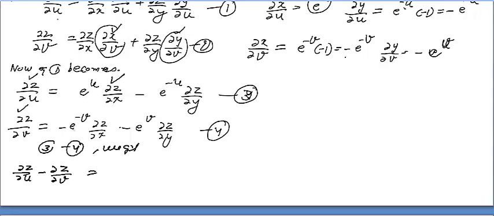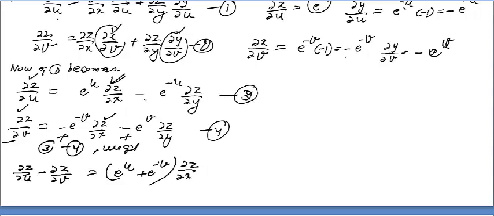So this minus sign will change, e raised to power u will become plus. When you subtract, you change the sign and you add it. So you have e raised to power u plus e raised to power minus v, and curl z by curl x is common.